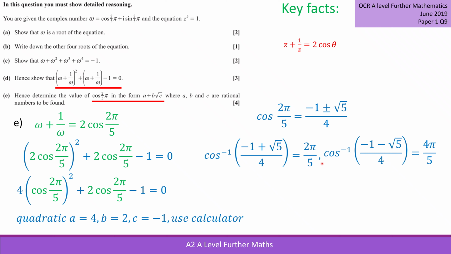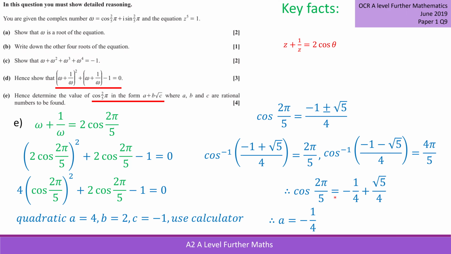So they want the solution to cos of 2 pi by 5. So they want this first answer here, and you've got to work out the values of A, B, and C. So your answer is cos of 2 pi by 5 is equal to -1/4 plus root 5 over 4, where A is this first term here, -1/4.